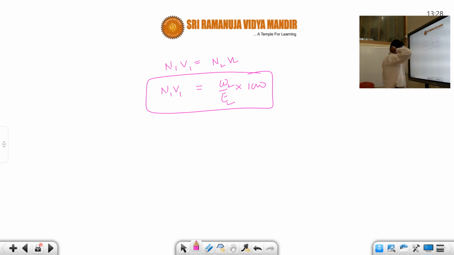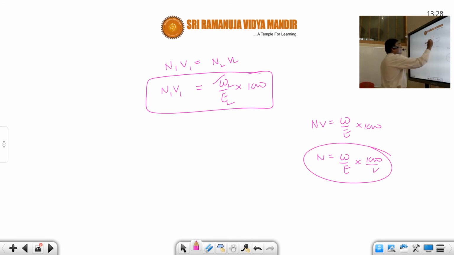What is NV? NV is equal to weight by equivalent weight into 1000. N is equal to weight by equivalent weight into 1000 by volume. So sometimes weight will be given, equivalent weight will be given, V1 will be given, and you have to find N1. So this is about neutralization.